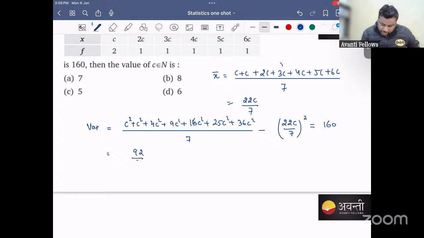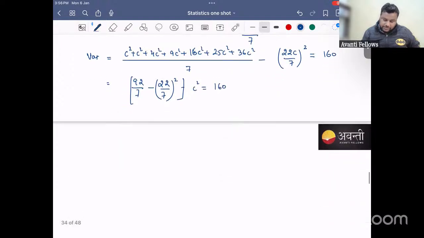So it is 92 upon 7 minus (22 by 7) whole square, into C square, equals 160. So this will be 92 divided by 7, 13.14, minus this (22 by 7) whole square, which is 3.14 into 3.14, we all know, 6.28, into C square is 160. So C square is what? 160 upon 13.14 minus 6.28.